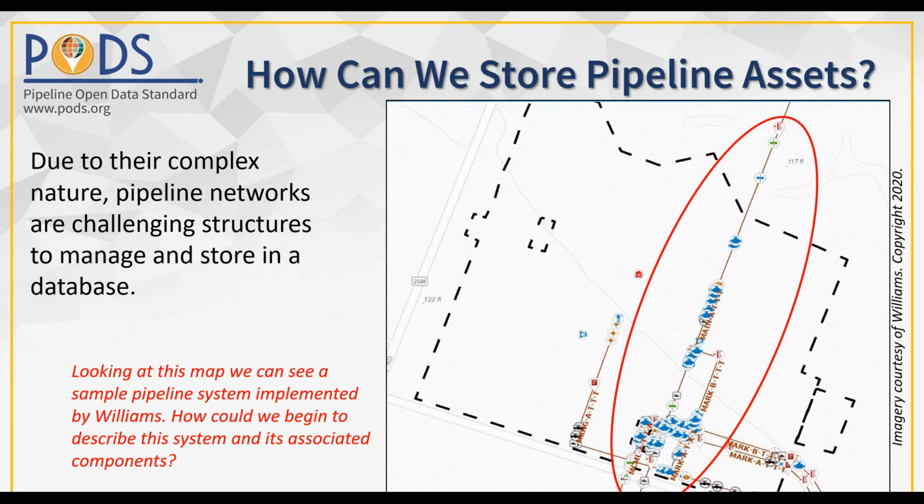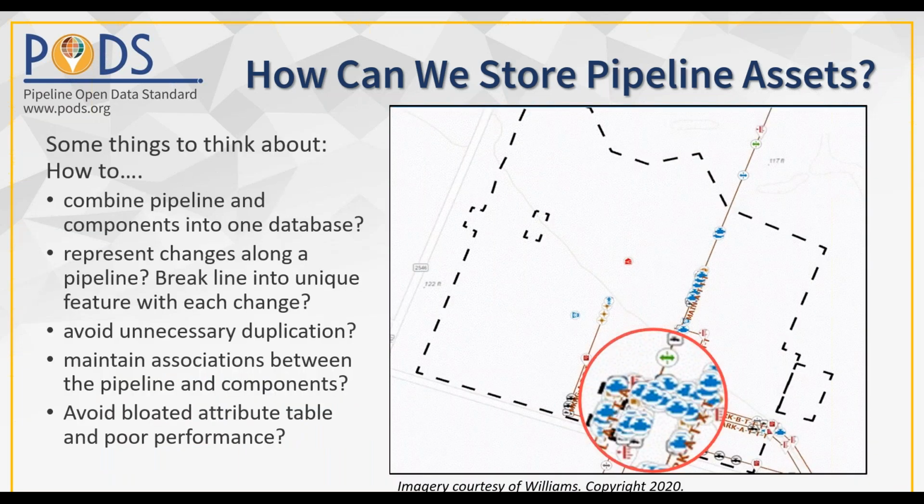So let's linger here for just a moment longer, and let's think about why it's important to grasp the complexity of modeling pipeline networks in a digital way. And here are a few cases in point. Firstly, every time any one of the attributes associated with a feature changes, there must be a new feature created, but every one of the other values stays the same in a line segment.